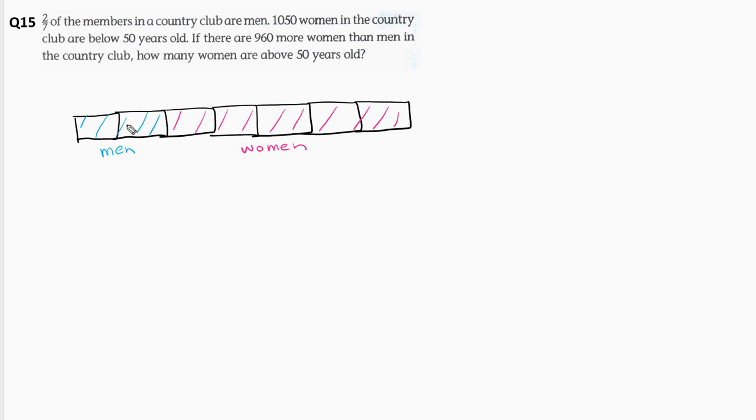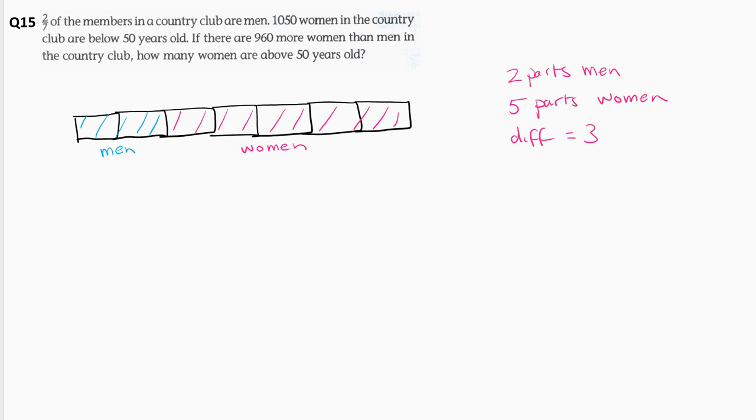Now, obviously, we could say, okay, there's 2 parts men, 5 parts women. So what's the difference between 5 and 2? Well, that equals 3.